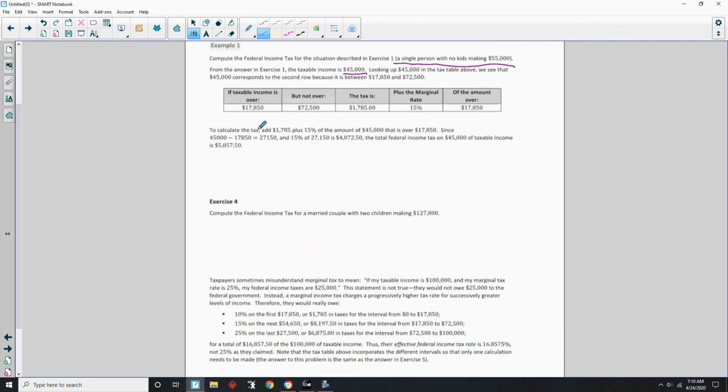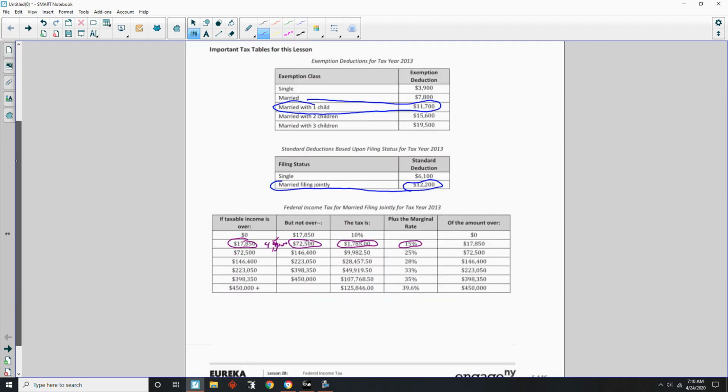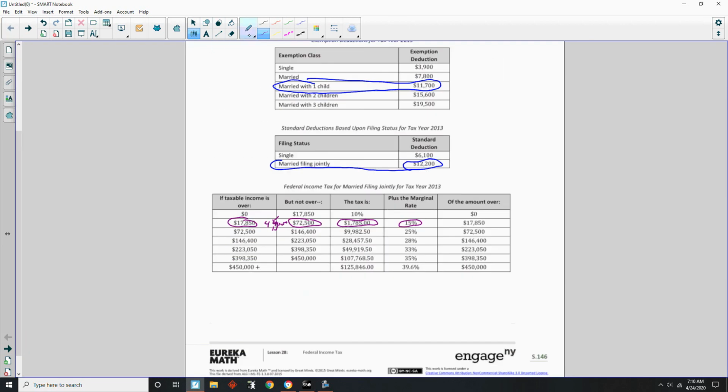It says to calculate the tax, add $1,785 plus 15% of the amount of $45,000 that is over 17,850, since 45,000 minus 17,850. Let me rewrite it more neatly. $45,000 is between these two values.